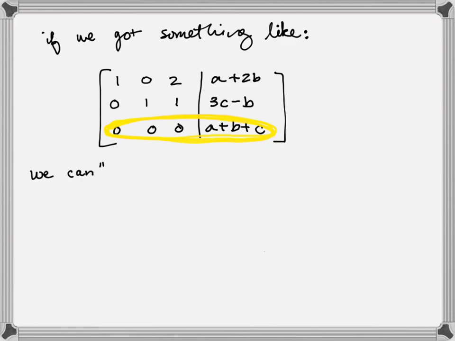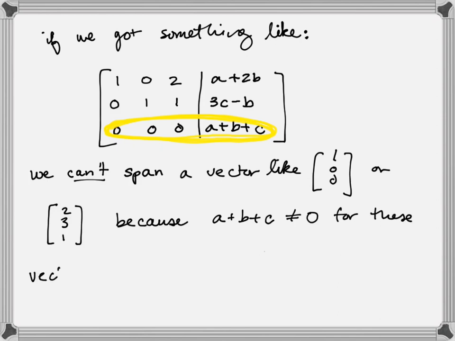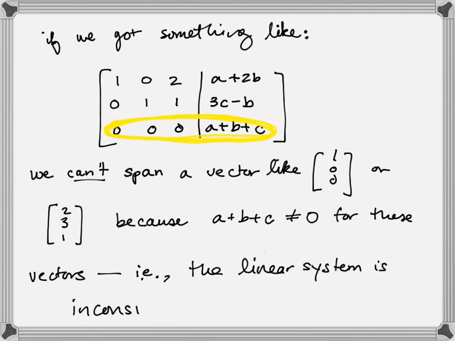So that means we can't span vectors like, I don't know, 1, 0, 0, or a vector like 2, 3, 1, because for those vectors, the sum of the entries is not 0. And that tells us we have set up a linear system that is inconsistent for vectors whose entries do not sum to 0.